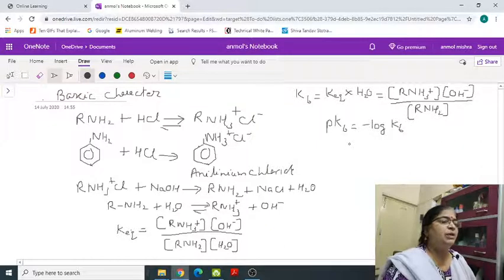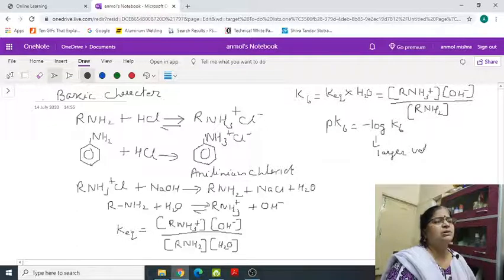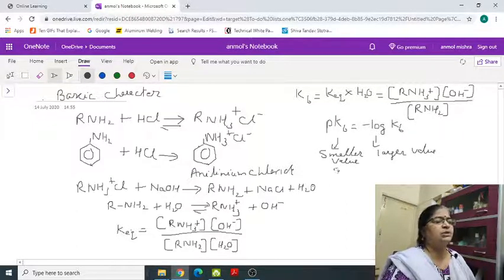Once again I am repeating, larger the value of Kb or smaller the value of pKb, stronger is the base.